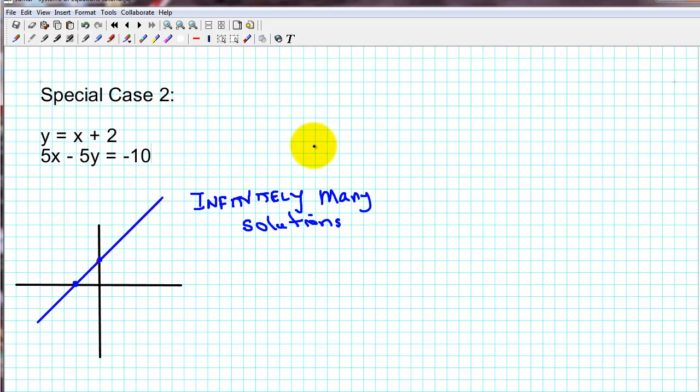Now again, let's look at this algebraically. In this case we have one equation solved for y, so I'm going to use substitution again, but the same thing could work using linear combinations. I'm going to keep the x, and we're going to put in for the y, x plus 2. And we're going to distribute.